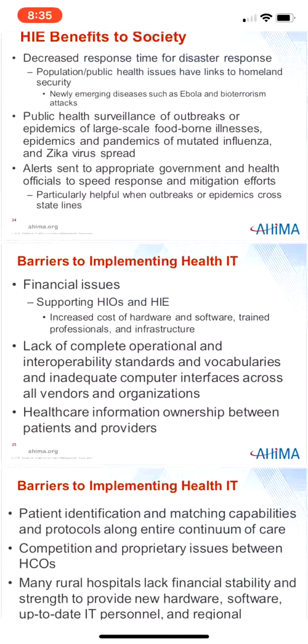You're going to have to train your people, and the infrastructure is just expensive. Lack of complete operational and interoperability standards and vocabularies, and inadequate computer interfaces across all vendors and organizations. Then healthcare information ownership between patient and providers. Patient identification and matching capabilities and protocols along the entire continuum of care. Competition and proprietary issues between healthcare organizations.